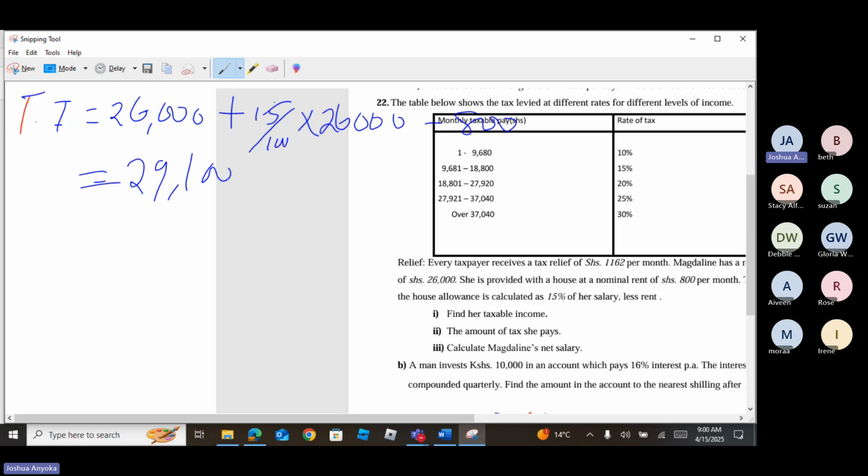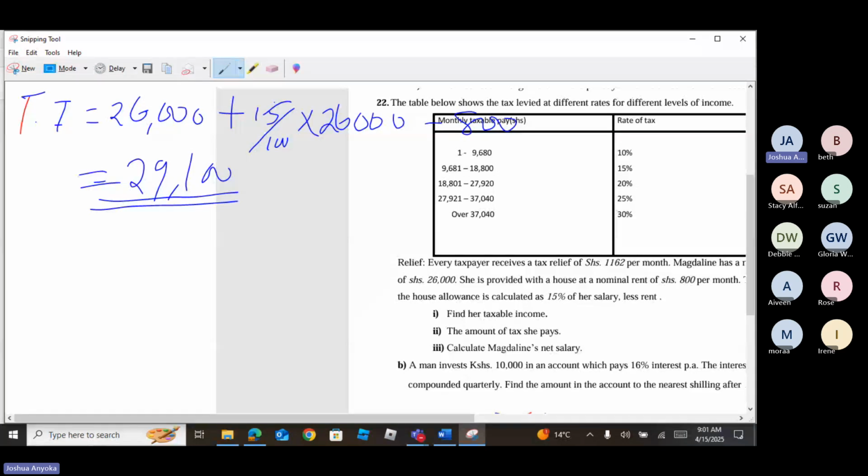Is that true? Did you subtract the 800? Yes. Okay, that one is okay. So we know how to calculate taxable income.